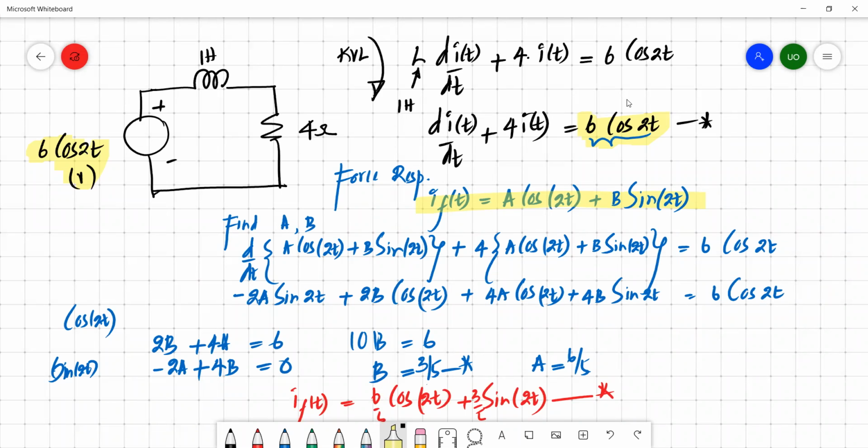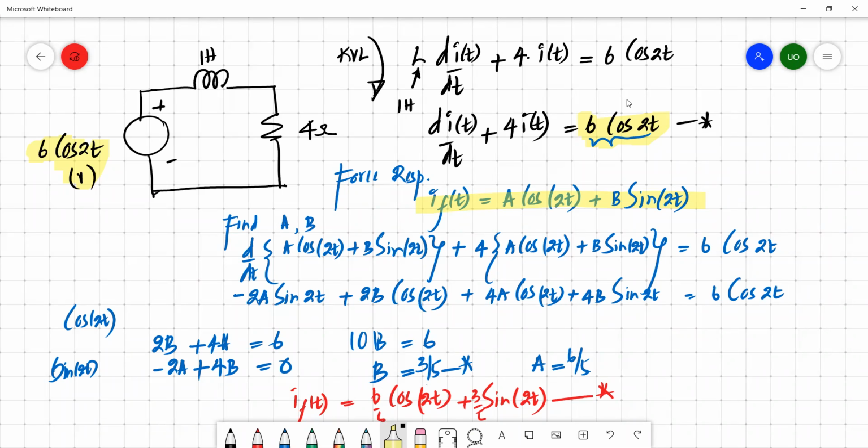You can find these values A and B by just substituting this force response into the original differential equation, because the whole idea is that the proposed trial solution should be a solution of this differential equation. If it is a solution, once you substitute the force response into the original differential equation, it should be satisfied.